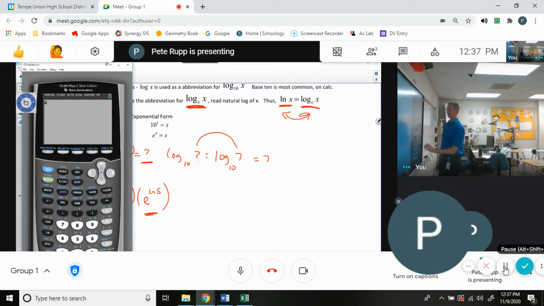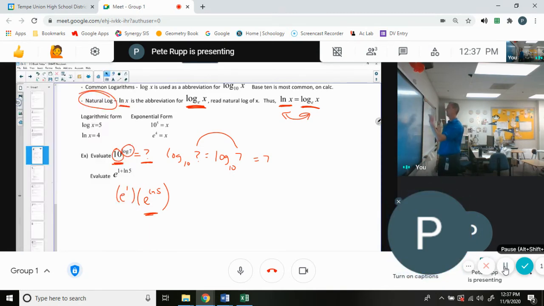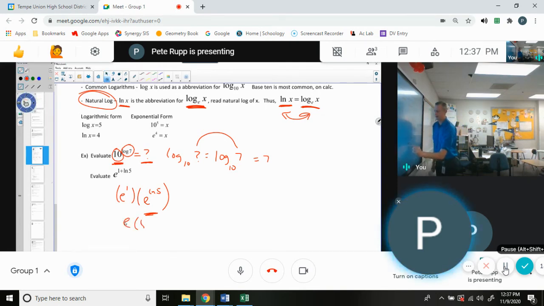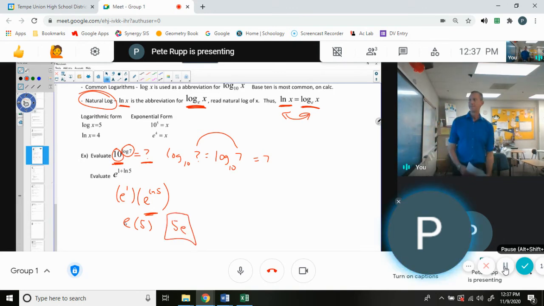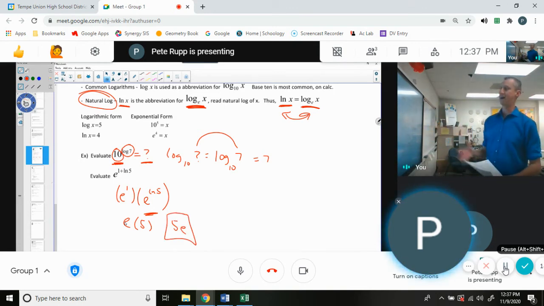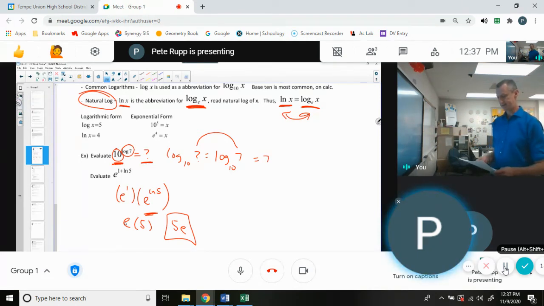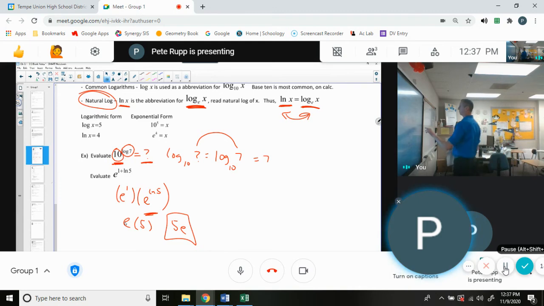Second, and then the natural log key says e to the, and then natural log of 5, and then hit enter, and that's just 5, okay? So this would be e, this would be 5, so that would be 5e is the simplified version. Okay, so some of these can be done by hand. Some of them I want you to do on the calculator. And yeah, that's kind of it for those two examples.